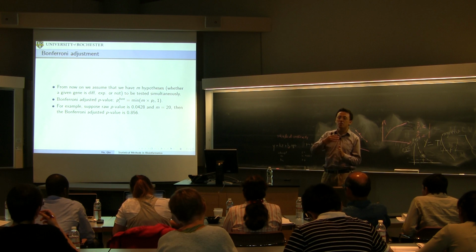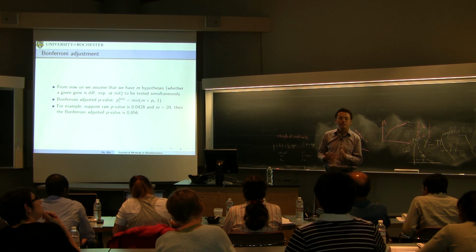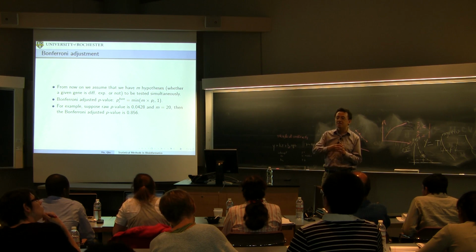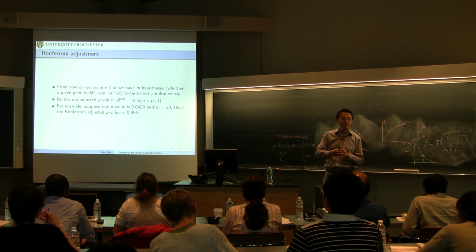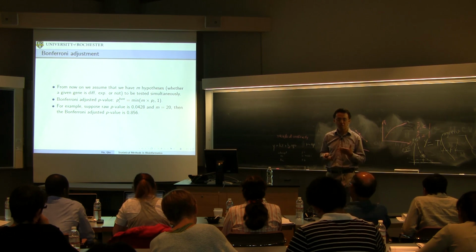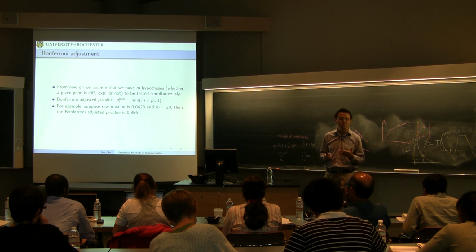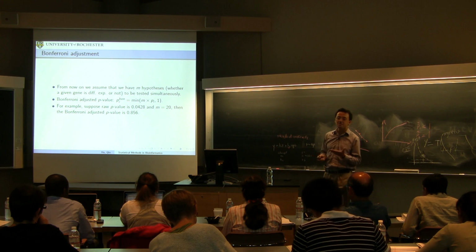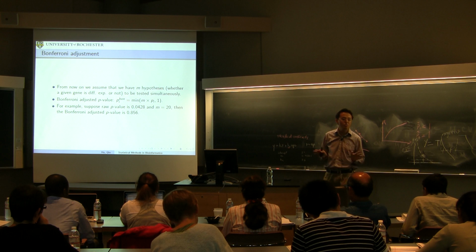And then you apply your threshold 0.05. If the adjusted p-values are smaller than 0.05, now you are more confident. You know you get your FWER control. You know the chance to have at least one false positive is only 0.05. It's almost negligible.